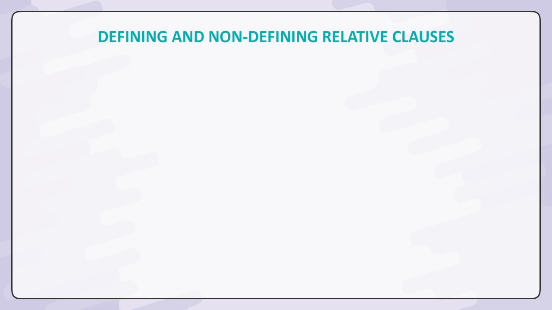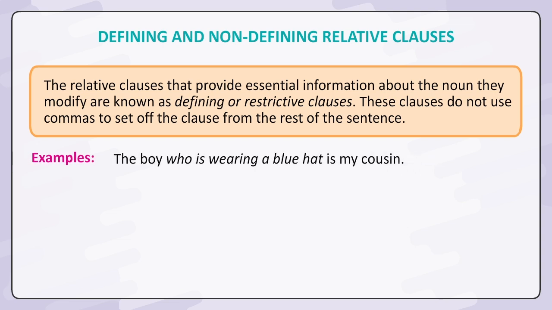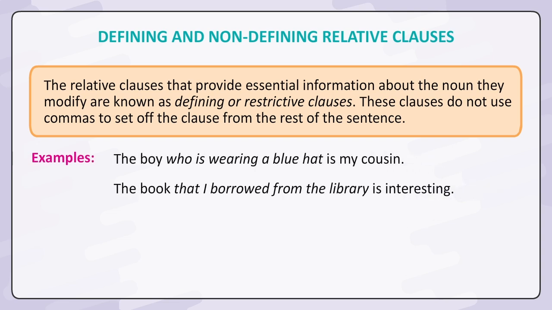Defining and non-defining relative clauses. The relative clauses that provide essential information about the noun they modify are known as defining or restrictive clauses. These clauses do not use commas to set off the clause from the rest of the sentence. Examples: The boy who is wearing a blue hat is my cousin.